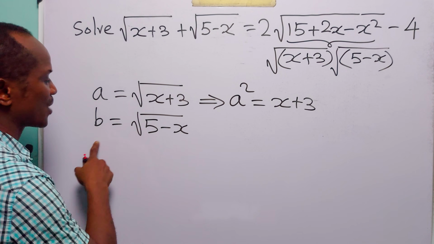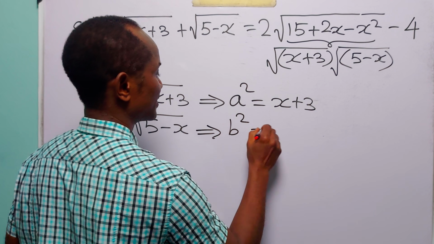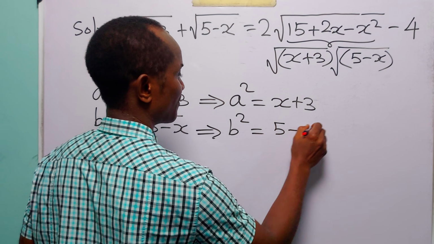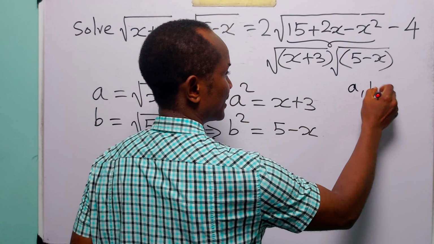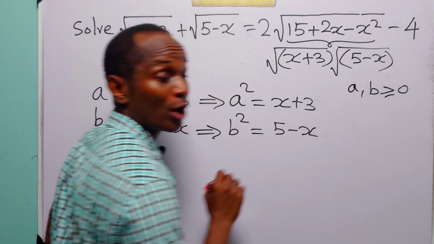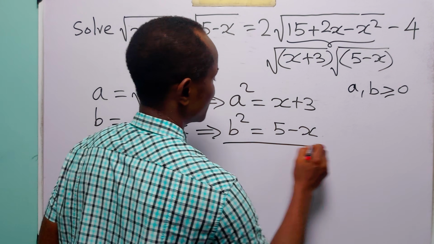Once more, if we square both sides of this equation, we have that b squared is equal to 5 minus x. Of course, you know that both a and b must be greater than or equal to 0. Now, let us add these two equations.